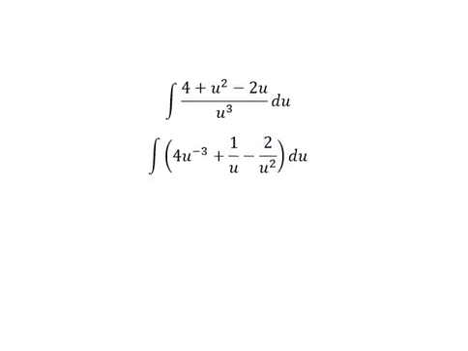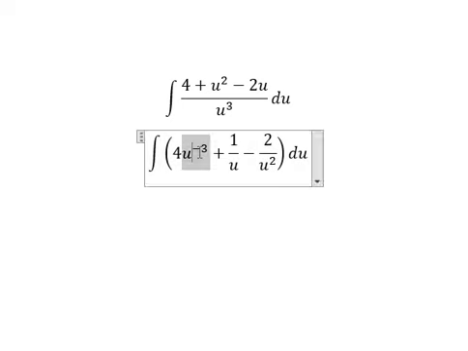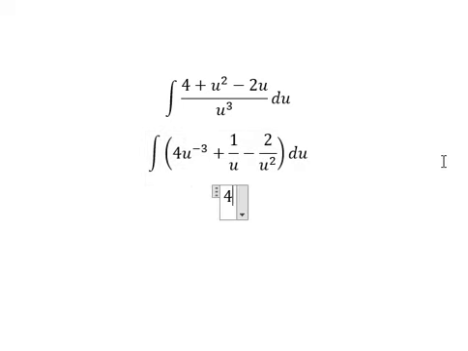So the integration of this one, that is about negative 2. So because negative 3 plus 1, we got negative 2 over negative 2.